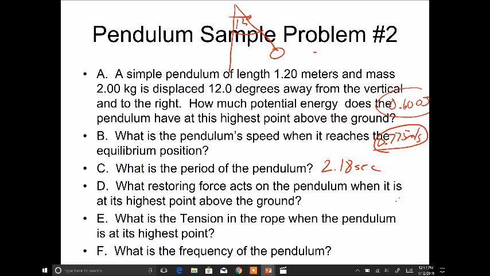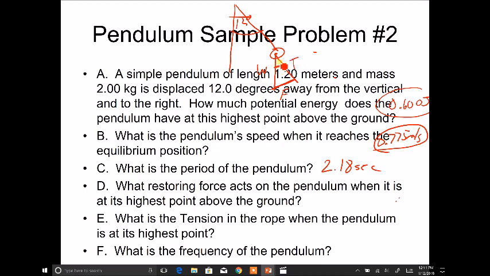To find that restoring force, we're first of all going to draw in the weight straight down. We're going to break it into a component along the string and then a component perpendicular to that. This component is going to be our restoring force. It's going to push the pendulum bob back toward equilibrium, and this component is going to be the tension.